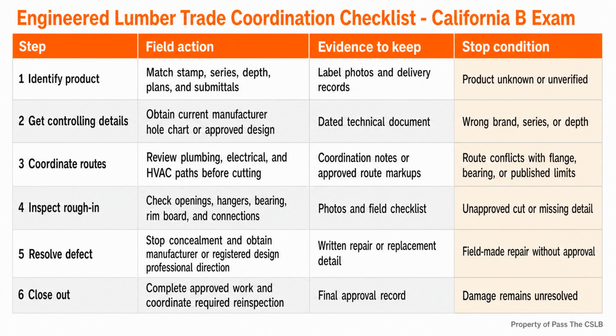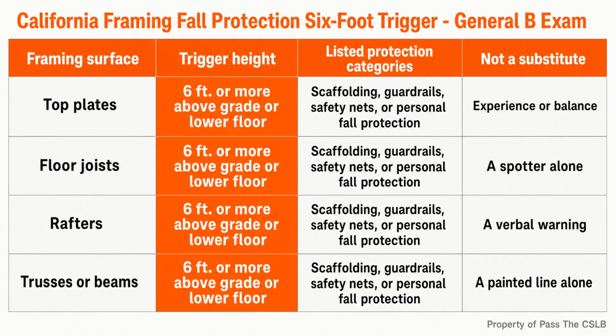Structural compliance does not replace personnel safety during installation. Open floor framing creates a direct fall exposure before the subfloor closes the bays. California Title 8, Section 1716.2, Subdivision (e), Paragraph 1 requires fall protection when employees are walking or working on top plates, joists, rafters, trusses, or beams 6 feet or more above the surrounding grade or the floor level below.